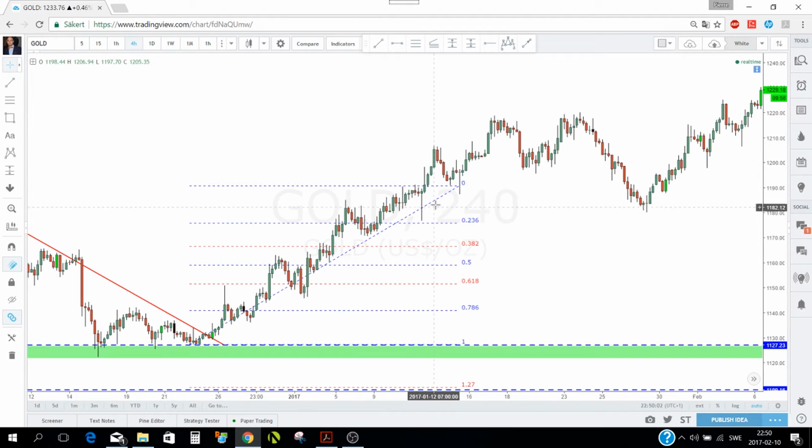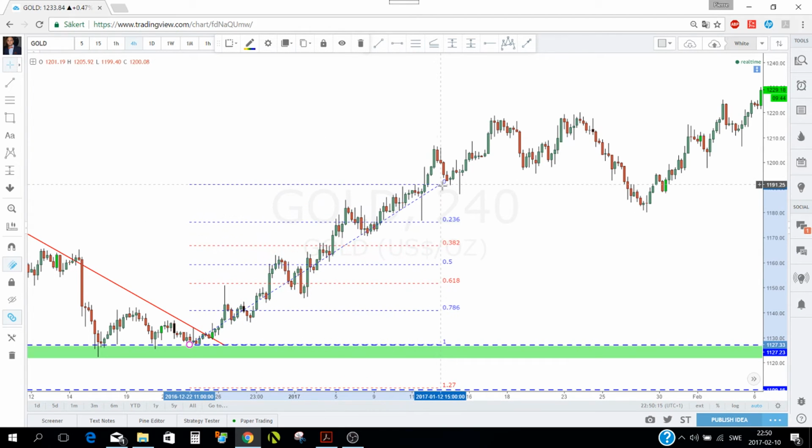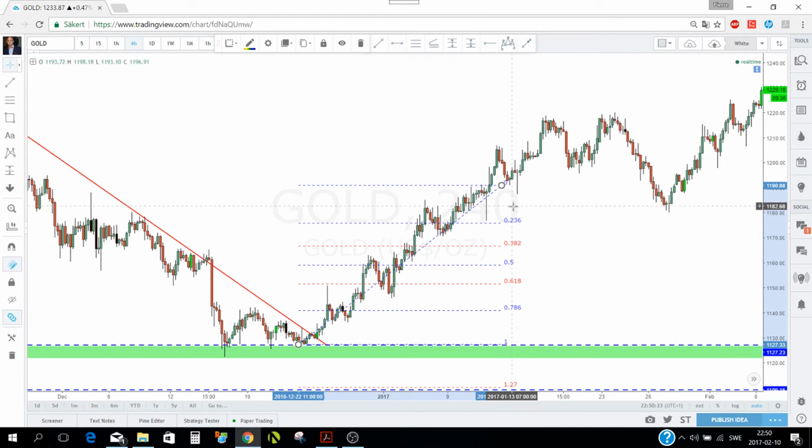So this was our last swing high after we broke this high, and we moved the Fibonacci, as you know, from this last swing low to this last swing high to measure the whole move. We're still measuring the whole move and trying to find confluence.